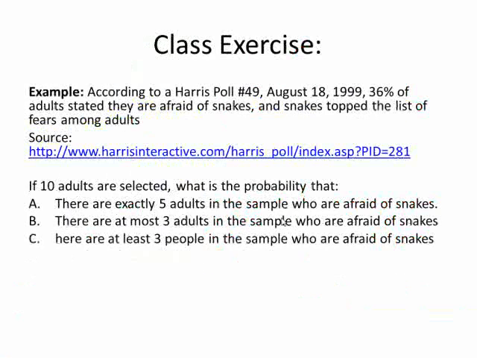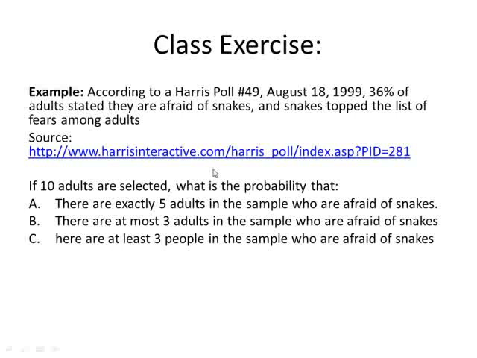All right, I'm going to jump ahead to this one. According to the Harris poll number 49 on August 18th, 1999, 36% of adults stated they were afraid of snakes, and snakes topped the list of fears among adults. If you're interested, there's the address.